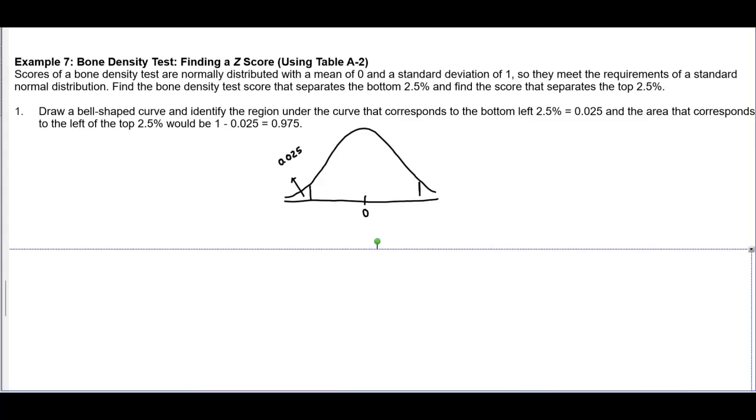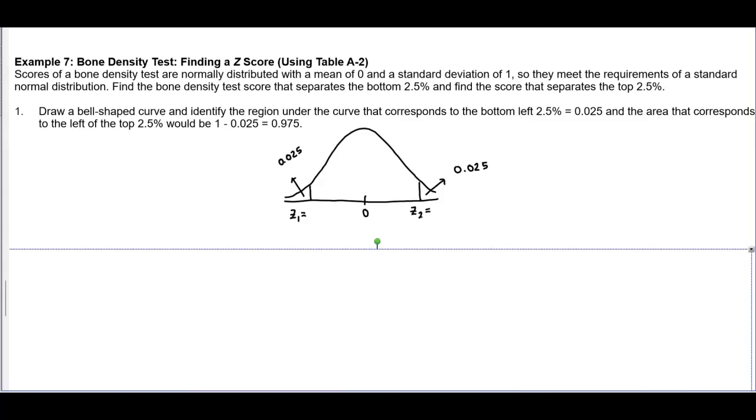And then there's also an area located over here that's going to represent the top 0.025. So that means we're going to have two z-scores. We'll call that z-score 1, and then we're going to have another z-score 2.